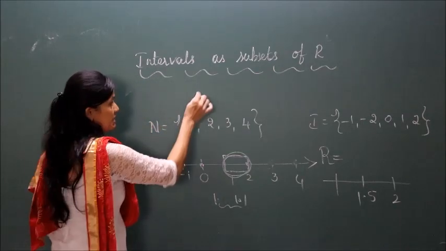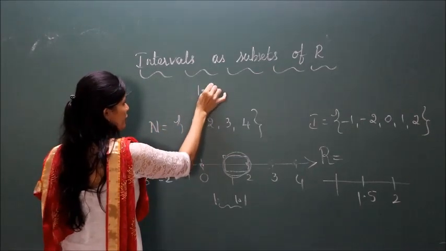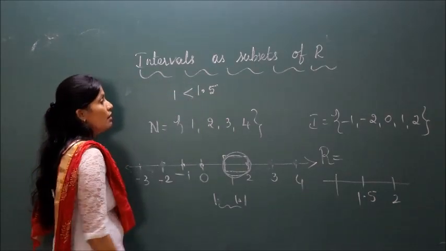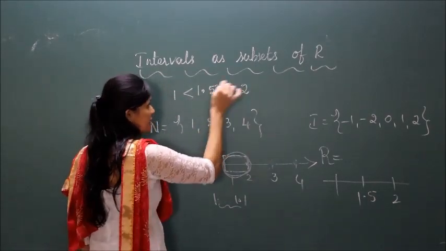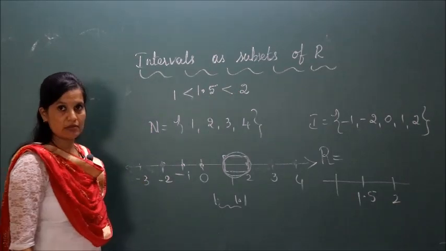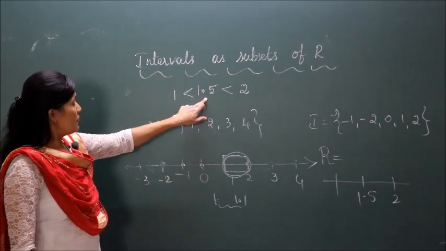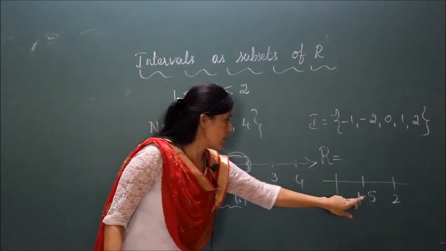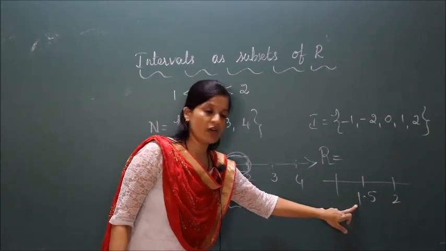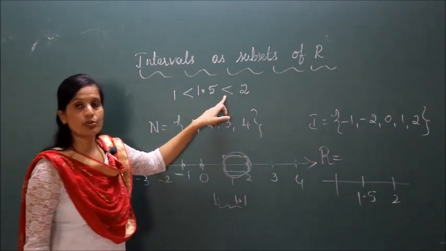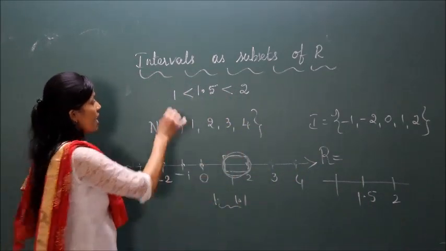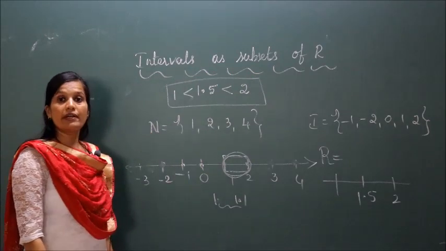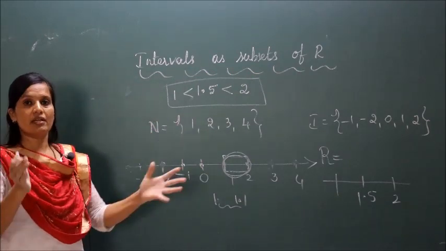So I can write it as 1.5 is greater than 1, less than 2. This is how I am going to write it. 1.5 is, of course, greater than 1, but it is less than 2. This is how I have to write. That is called an interval, in between something.